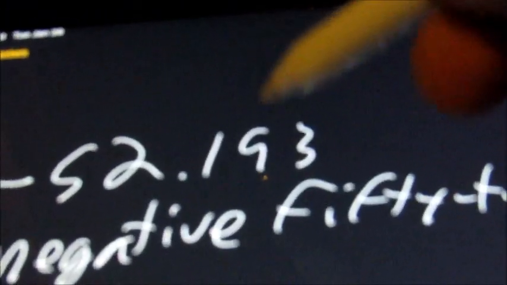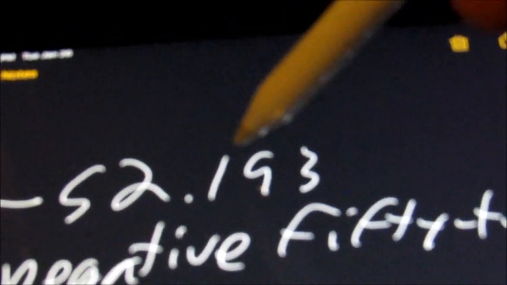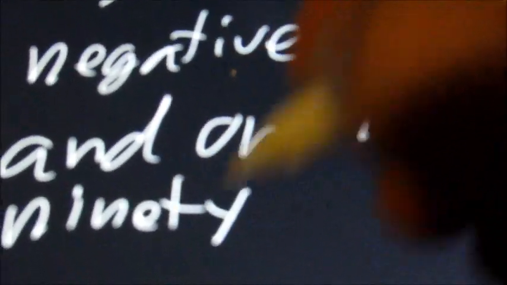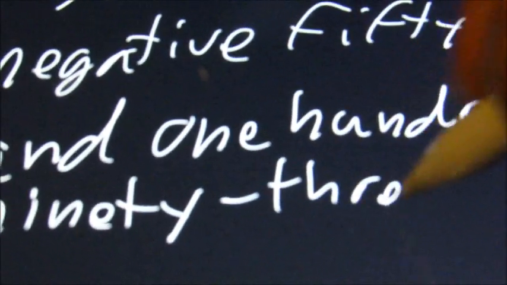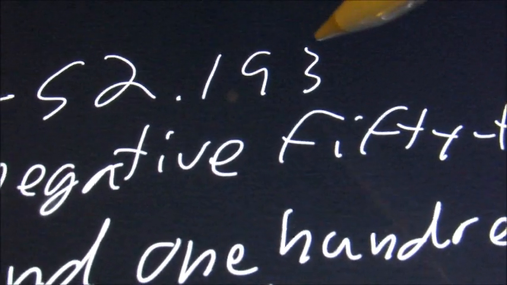We see that we have 1, 2, 3 digits. If this wasn't with any decimal, it would be 193. So we're going to say and 193. And we go back up and we see that we have 3 digits past the decimal.